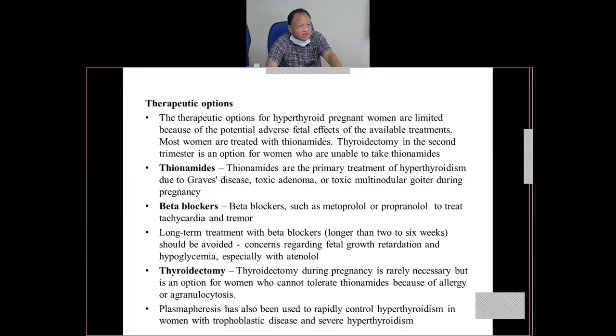Especially in pregnancy, you don't want to give it longer because of concern regarding fetal growth retardation and hypoglycemia, especially with atenolol. Thyroidectomy during pregnancy is rarely necessary, but is an option for women who cannot tolerate thionamides because of allergy or side effects like agranulocytosis. Plasmapheresis has also been used to rapidly control hyperthyroidism in women with trophoblastic disease and severe hyperthyroidism.